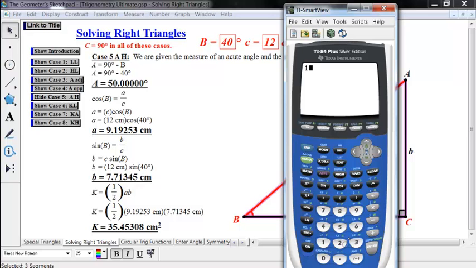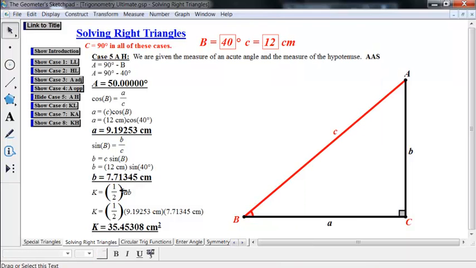So this is just 12 times the cosine of 40 degrees, and we get that answer there, which I'm going to store as A: 9.192533317 centimeters. Similarly, the sine of angle B is opposite over hypotenuse.